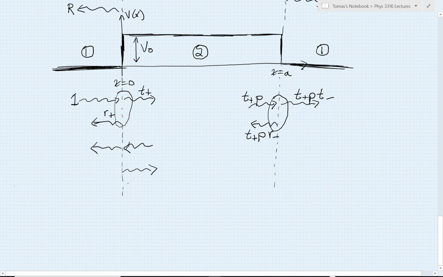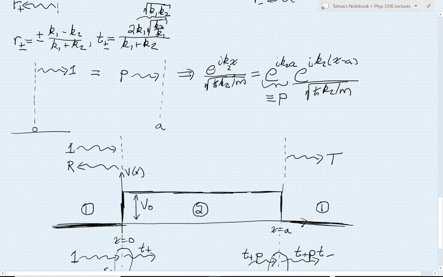So let's take those one at a time. And by that point, we will then have all of our important Feynman parameters and have completed what are called the Feynman rules. So first, what if I have a backward traveling wave over here? What do I need to do to make sure it matches up with the backward wave hitting at 0? Once again, I can write down my equality.